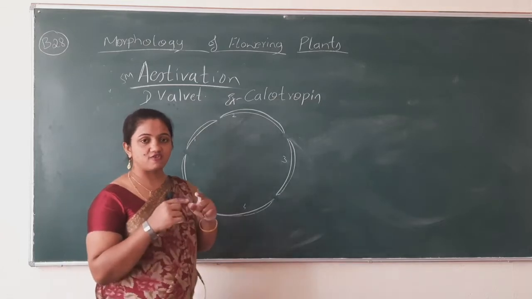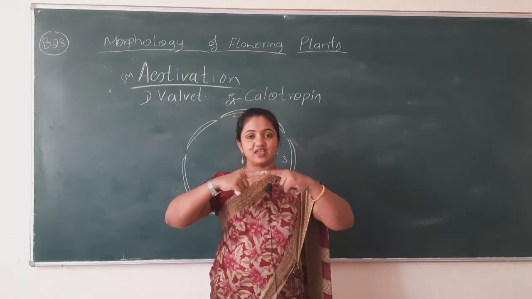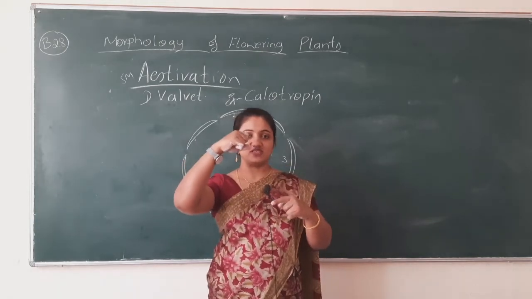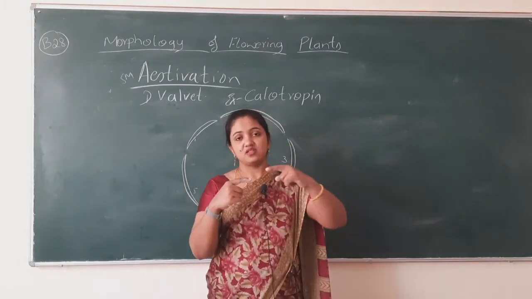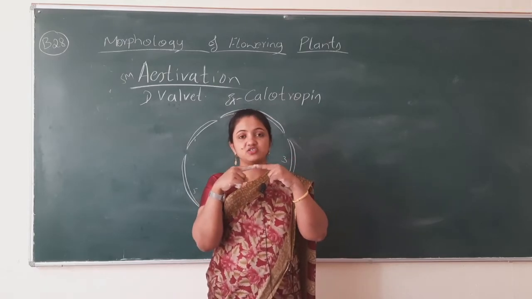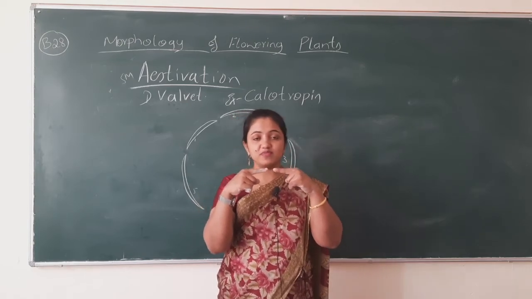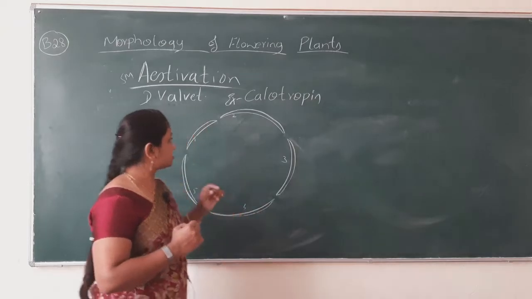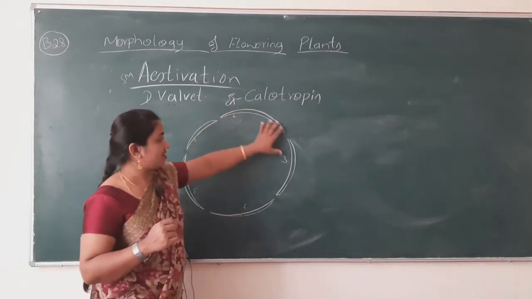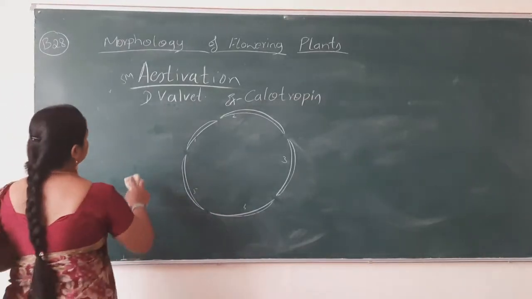The margins of sepals or petals lie side by side. If you consider this is one petal and this is one more petal, their margins will just touch, or they'll have a gap in between these two. So this type of arrangement is known as valvate estivation. Example is Calotropis.